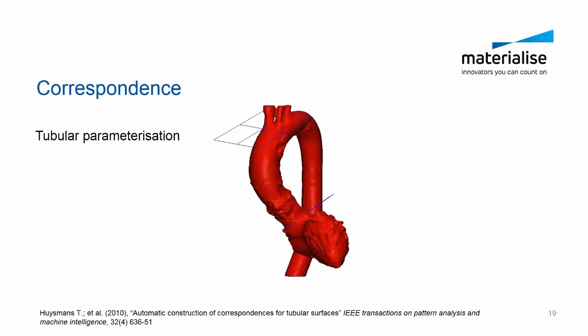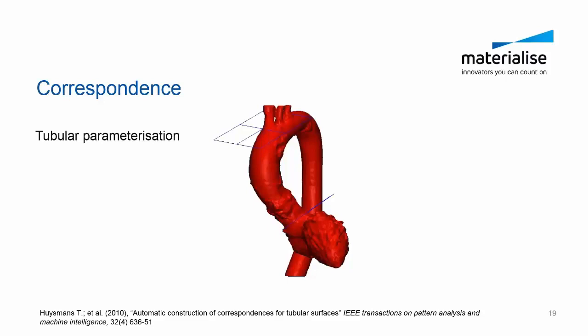So first, the tubular part of the aortic root and the aortic arch is extracted from the 3D geometries. Why make it into a tubular model? Because we will use the tubular shape as an intermediate shape to achieve the correspondence.